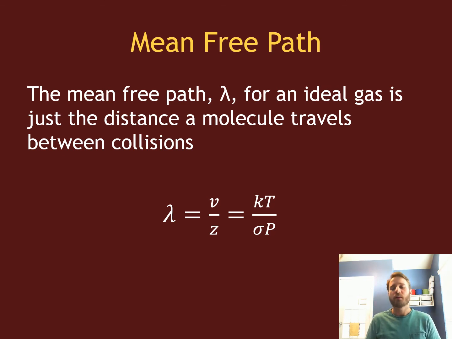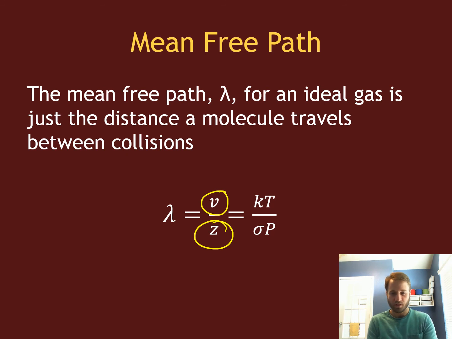Mean free path is an average distance of what that is, and that is just going to be related to the velocity of the particle divided by its collision frequency. The velocity of the particle tells you how fast it's moving, how much distance it travels per time. The collision frequency tells you how often you have a collision, how many seconds it takes to have one collision. And so that's what those relationships are.